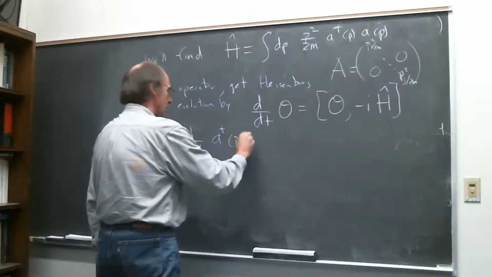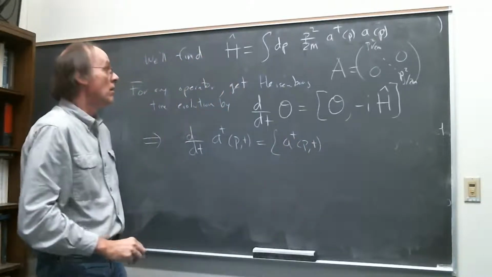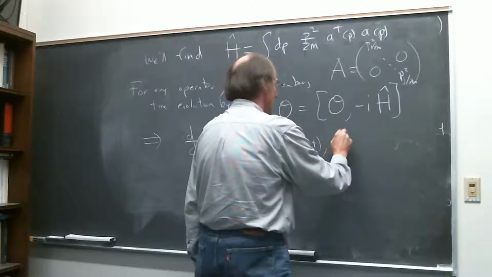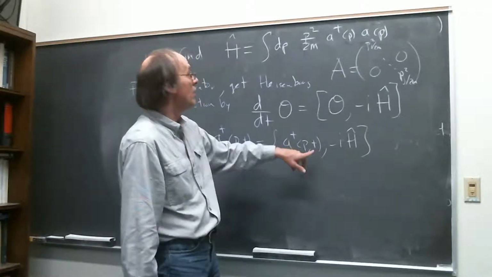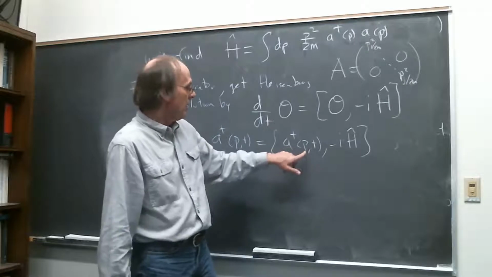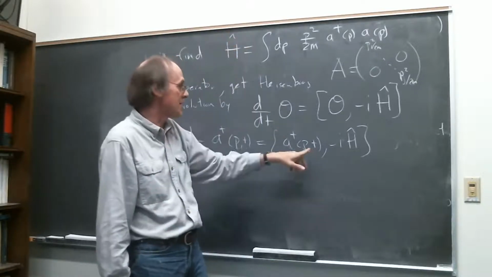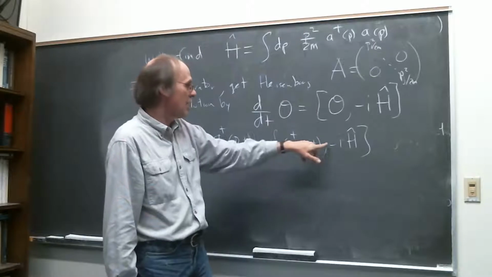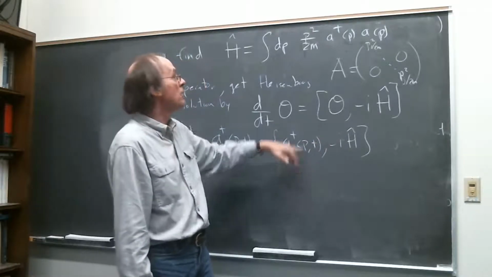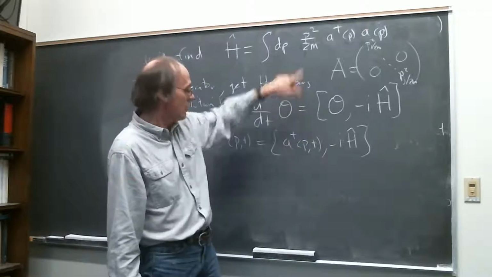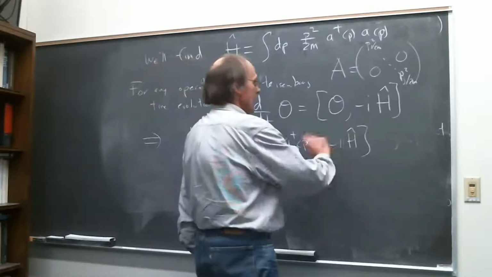One calculation you have to try and do is to use the commutation relations for a and a dagger to calculate what happens when you commute this with this guy, and try to make sense of this.